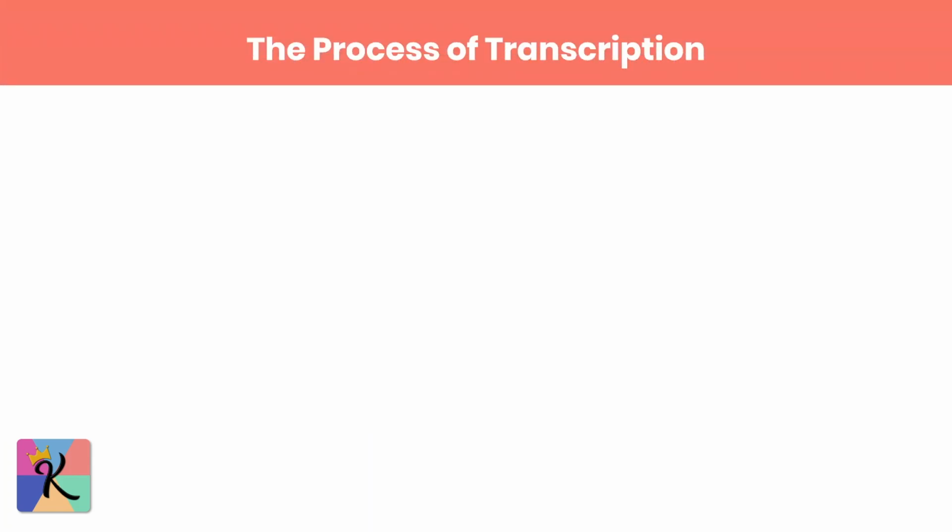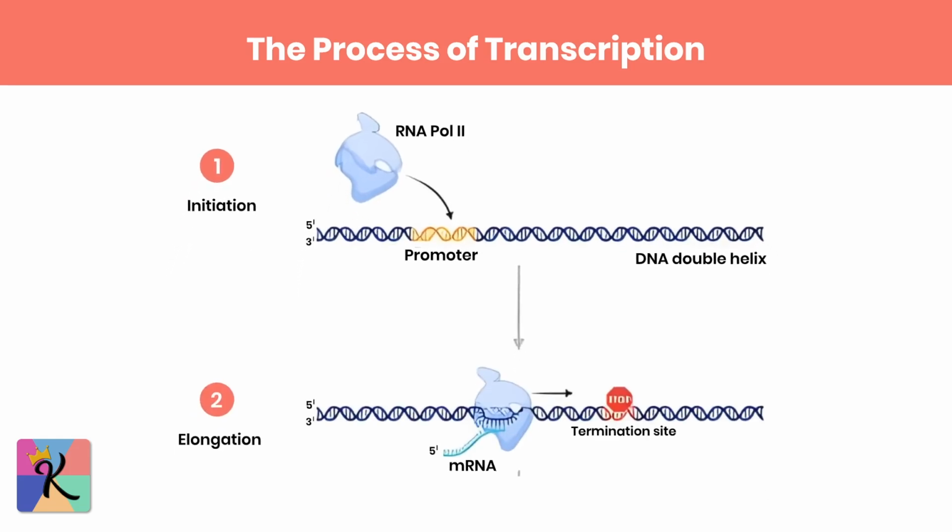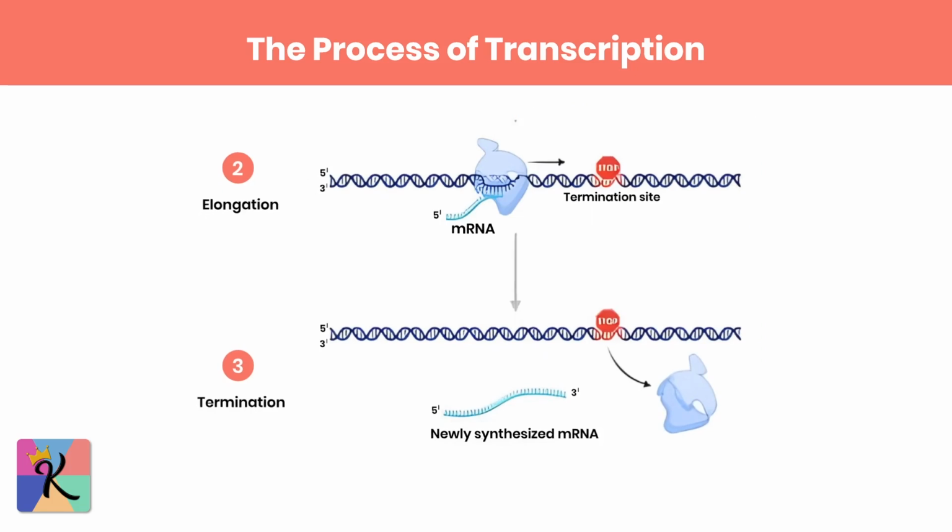Transcription is the first step of gene expression, and it occurs in 3 distinct stages. Initiation: RNA polymerase binds to the promoter region with the help of transcription factors. In eukaryotes, this includes the TATA box, a conserved DNA sequence upstream of the start site. Elongation: RNA polymerase moves along the template strand, synthesizing a complementary RNA strand by adding nucleotides in the 5' to 3' direction.